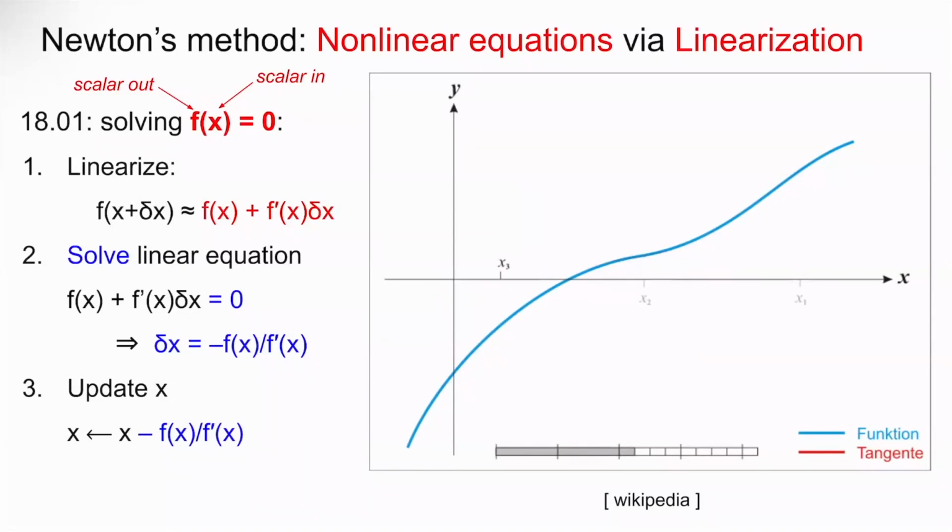One basic use of derivatives is to solve nonlinear equations, and you probably learned this in first semester calculus. If you have a scalar function f of x that takes a scalar in and gives a scalar out, and it's nonlinear, you can't always solve it. If it's linear, obviously you can. If it's a quadratic, you have a quadratic formula.